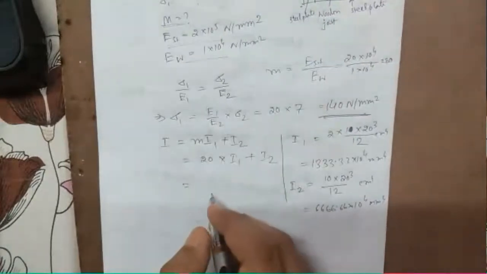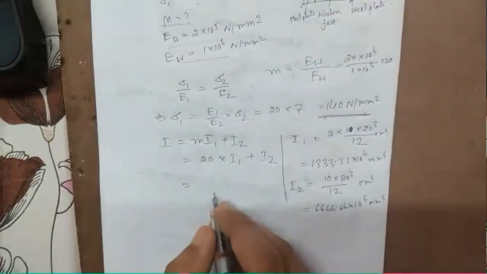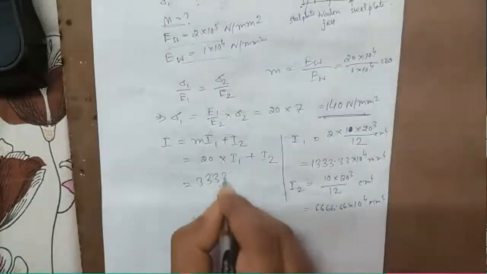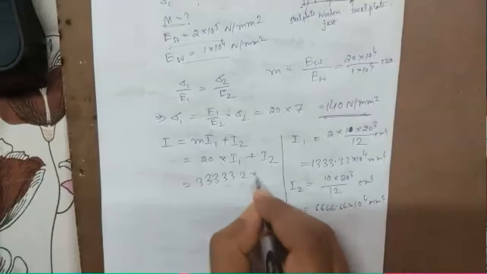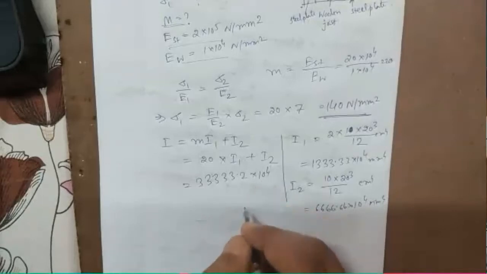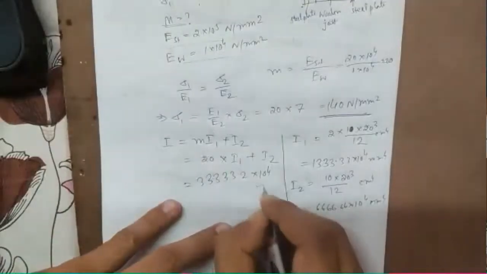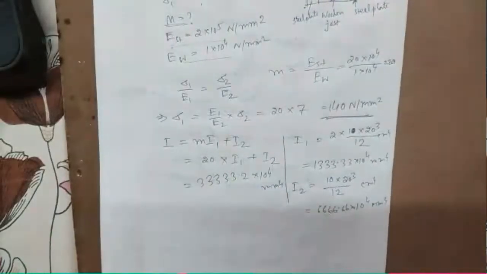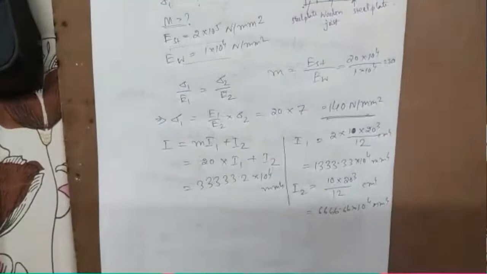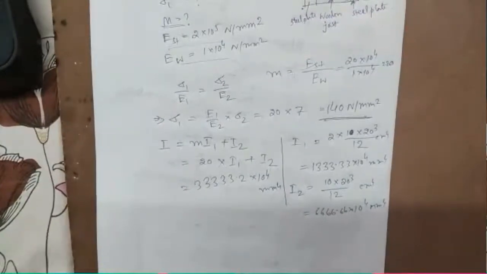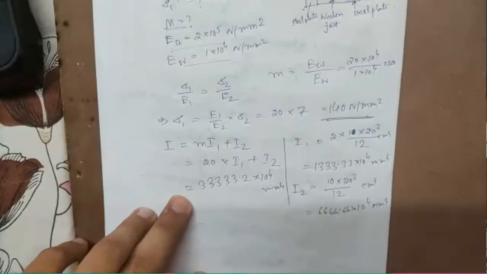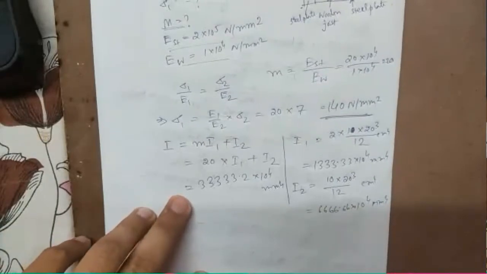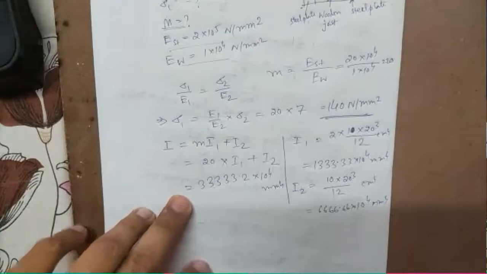You will finally get to the power 4. So this much millimeter to the power 4. Now the calculation need to check. Okay, calculation, I'm not taking guarantee about the calculation.